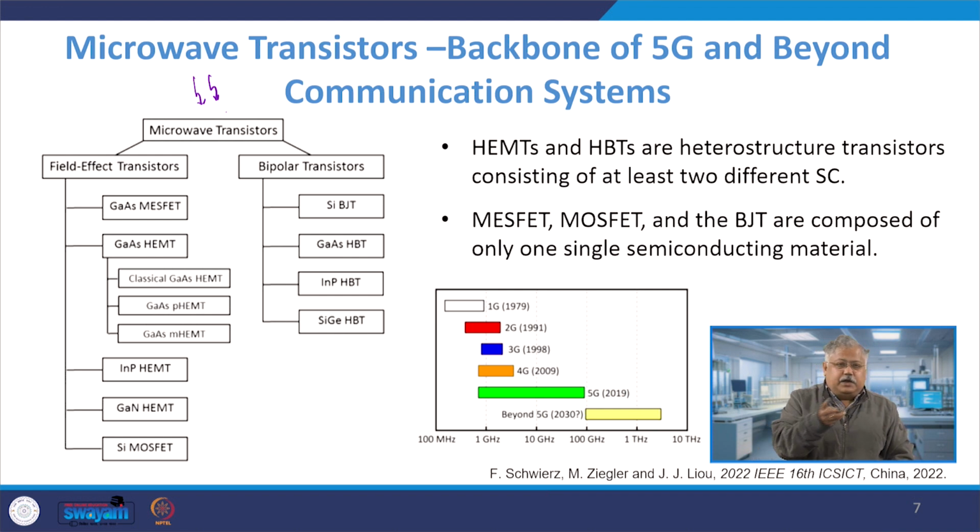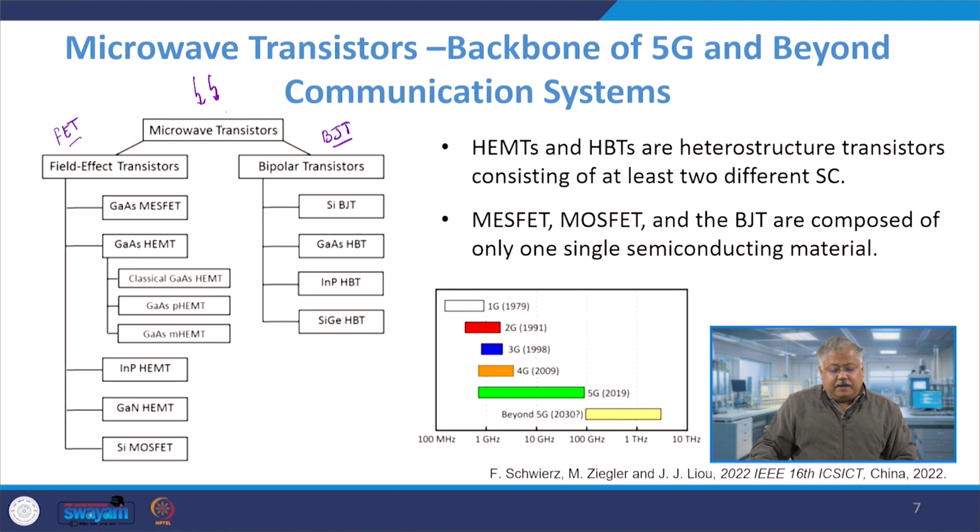They are divided into two parts. The first part is FET based, field effect transistor based, and the second part is BJT based, or bipolar transistor based. Both have their own relative advantages and disadvantages, but that's how you divide the two sides of the same coin of microwave transistors.